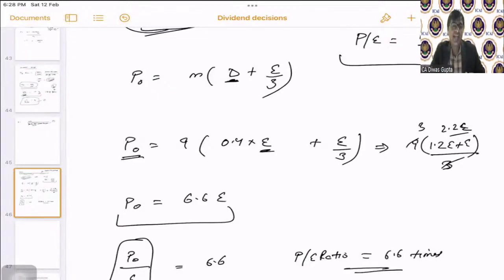Because if it is 10 times, if it is 20 times, or even if it is higher than 20 times, let's say even if it is 50 times, that means it has 50 times the value what it should have been. In case it is earning 1 rupee, it would be valued 50 rupees, right?